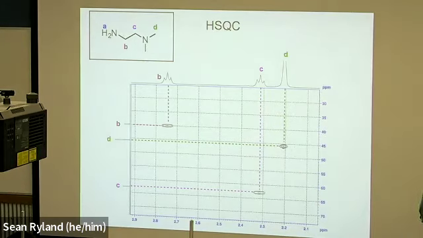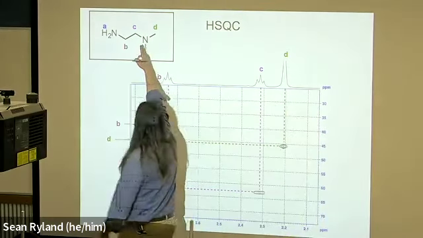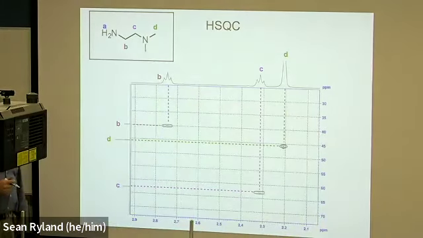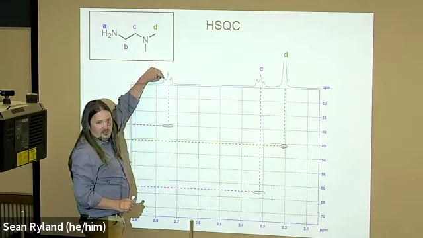The reason that winds up being useful, and the way we would write that, if we were talking about the coupling coefficient for C and B: C and B are going to interact with each other because they're adjacent to each other, right? So they would show up on the COSY spectrum.